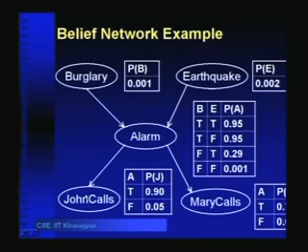But what we are trying to compute here is the probability of burglary given John calls. So, we are given that John has called and we are interested in finding out what is the probability that actually a burglary has taken place. Right. So, this is a diagnostic inferencing.